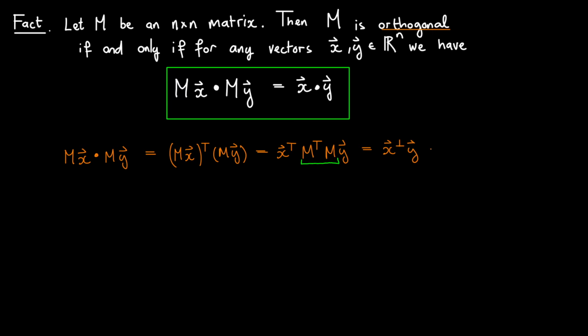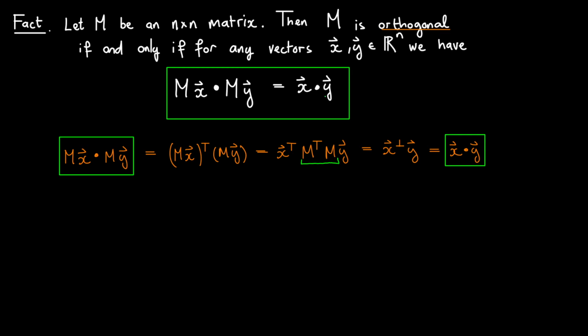And the formula for dot product is that this is exactly equal to x dot y. So in other words, every orthogonal matrix has the property that if I take the dot product of Mx with My, that's the same thing as x dot y. Great, so that explains that orthogonal matrices preserve the dot product.